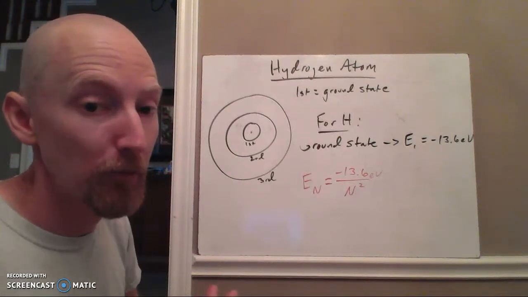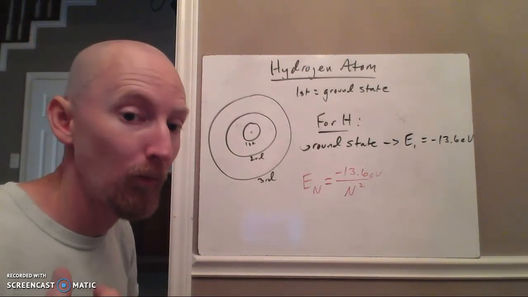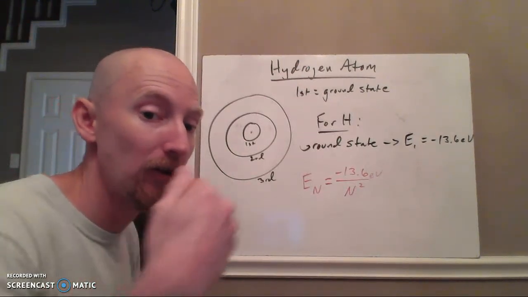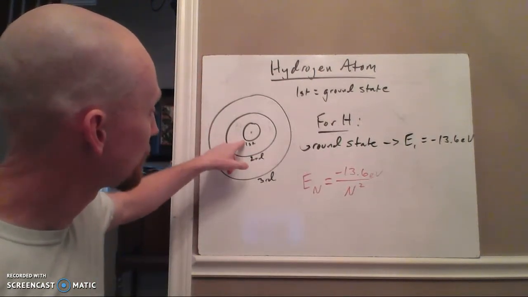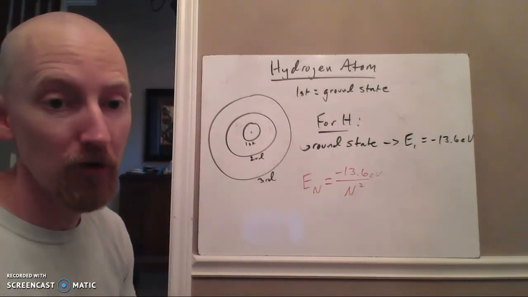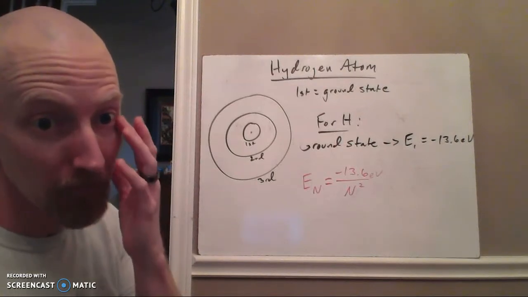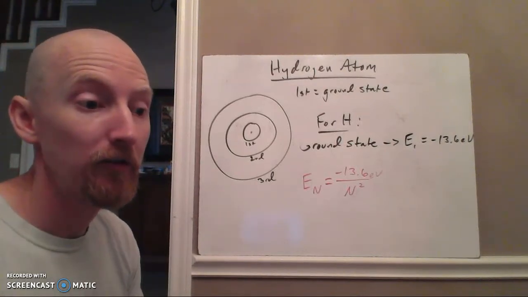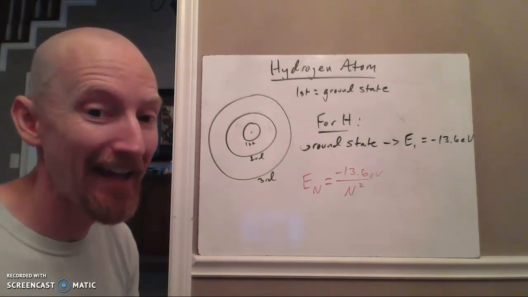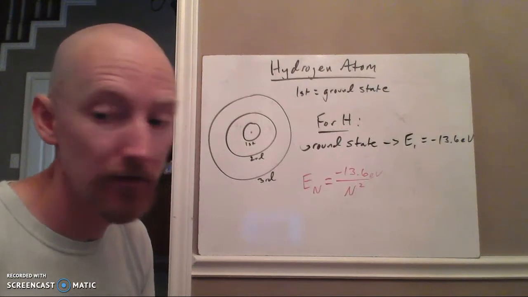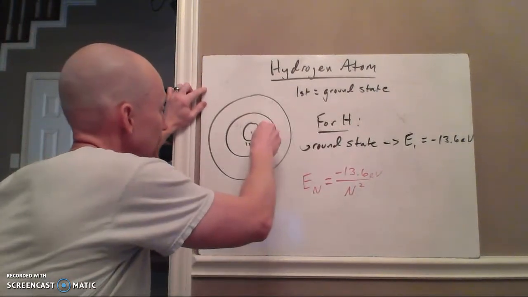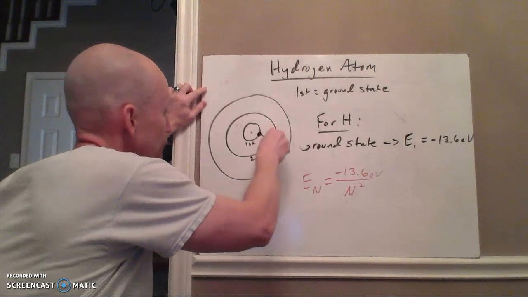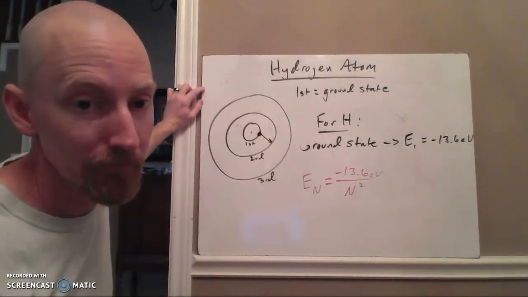Now, they don't stay there for very long, and then they fall back to where they were. So if it jumps from first to second, it's going to fall back down. When it falls back down, it's going to let off a certain amount of energy, and that is a photon of light. So if we have one electron on this first energy level, it makes the jump up to maybe the second.